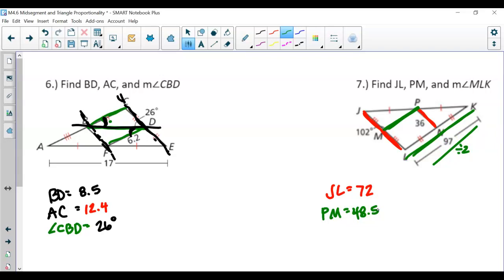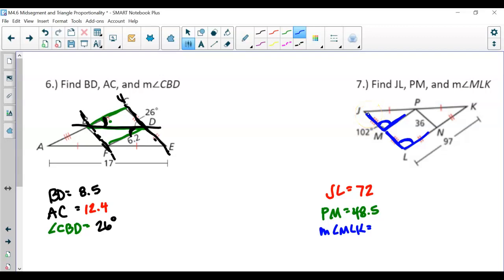Then last, we're looking for the measure of angle MLK. Let's see where it's located. The measure of angle MLK is this angle here. Now notice we're given this angle here, which is 102 degrees.